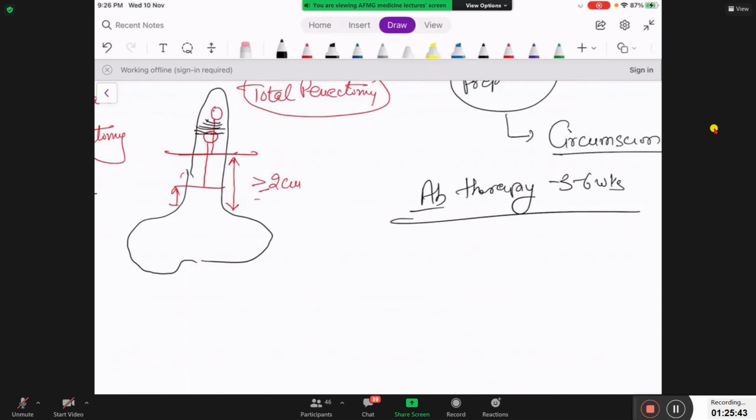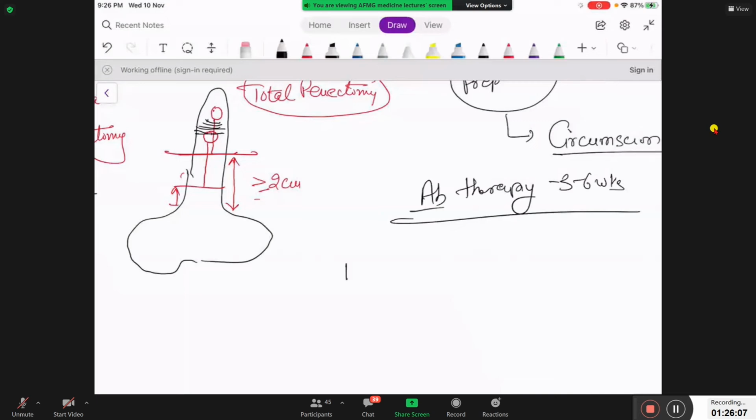If after antibiotic trial the lymph nodes are still there, it means this is a metastatic lymph node. So whenever the lymph node in the inguinal region is found to be enlarged in these patients, we have to first give the antibiotic therapy.